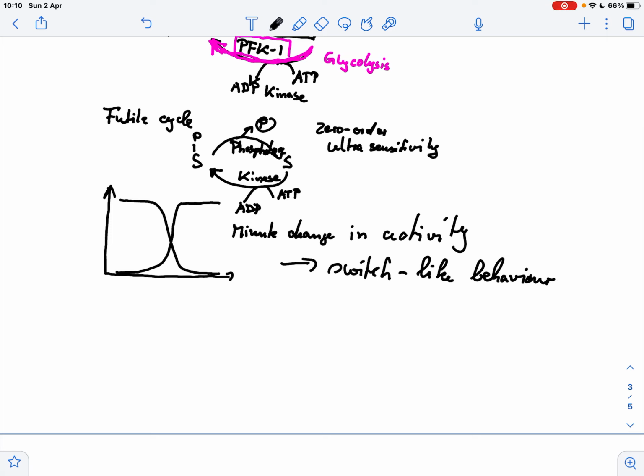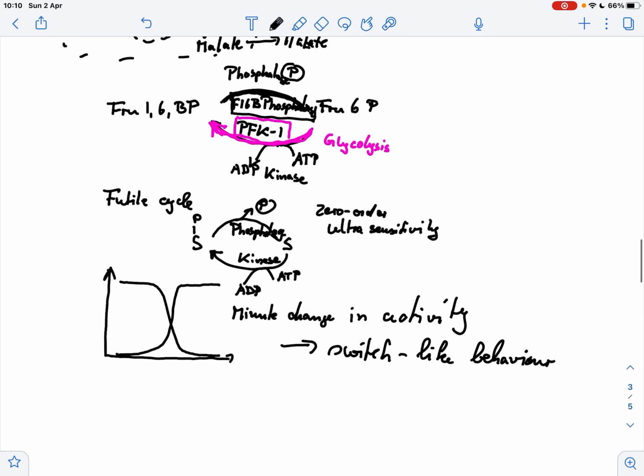So if we increase the activity of the phosphatase just a little bit, just a slight increase will result in everything in the fructose 6-phosphate state. So we go just over into the fructose 6-phosphate.